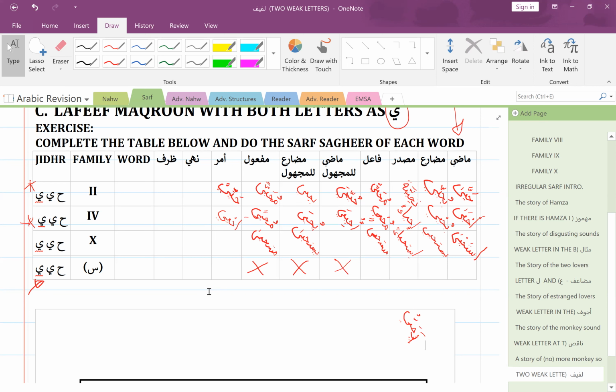These words might not exist in the Arabic language. We're just doing this for understanding. So now let's do the naqis version of it, which is more accurate.